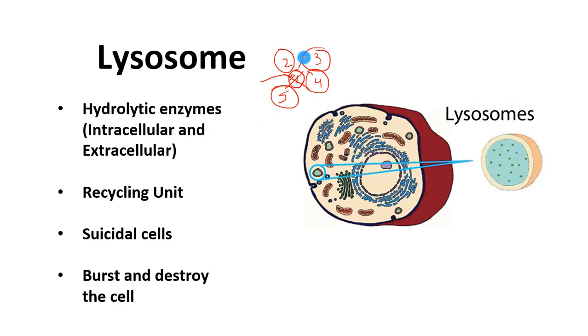There are chances that the virus can go to cell 3, cell 4, cell 5 and destroy all this also. Hence, it is very important that the cell 1 only destroys itself. So 2, 3, 4 and 5 are not in danger.